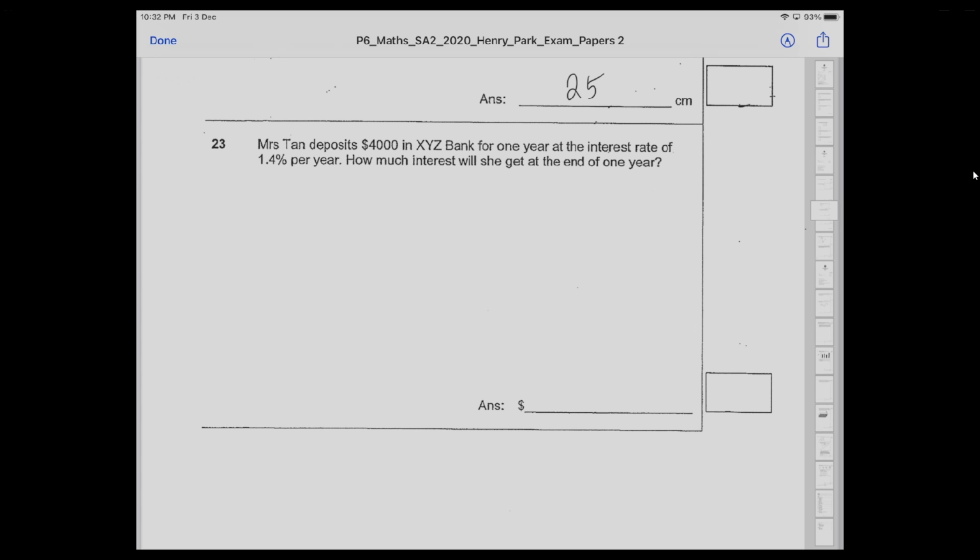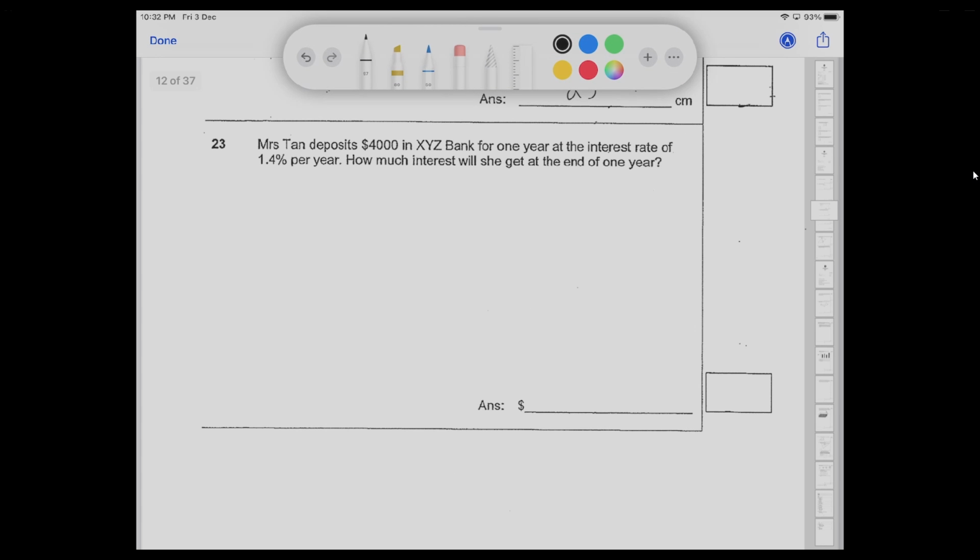Mrs. Tan deposits $4,000 in XYZ Bank for 1 year at an interest rate of 1.4% PA. How much interest will she get back? Quite simple. Just take 4,000 times the total percentage. Obviously she gets 100% because that's what she initially deposited, but she also gets an extra 1.4%. So that's 101.4% in total.